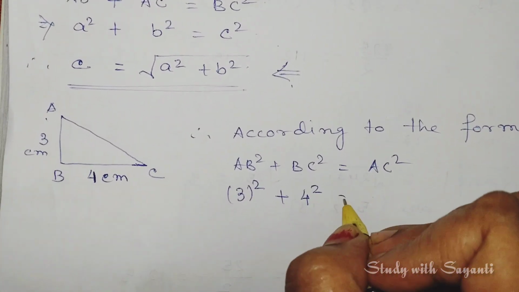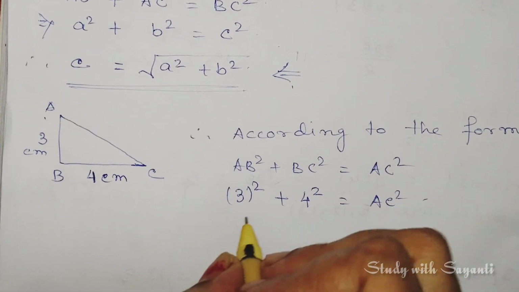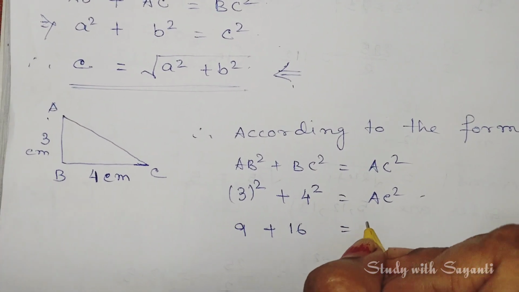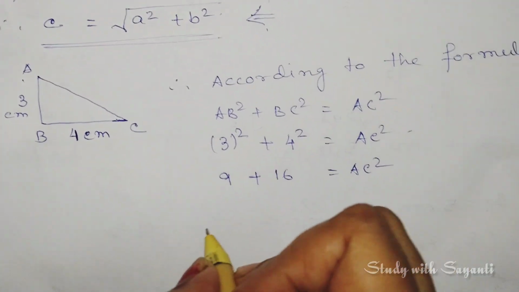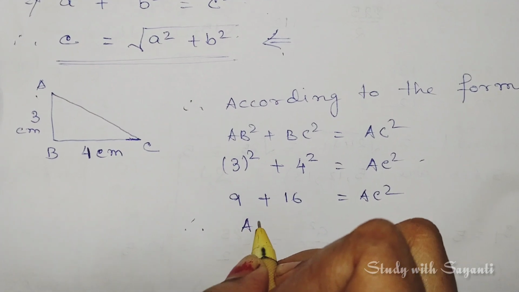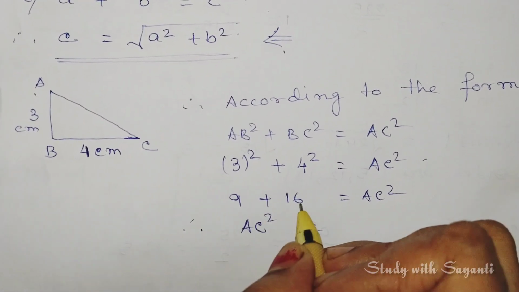So here AB equal to 3, BC equal to 4, so 3 square equal to 9, 4 square equal to 16, so AC square equal to 9 plus 16, so AC square equal to 25.